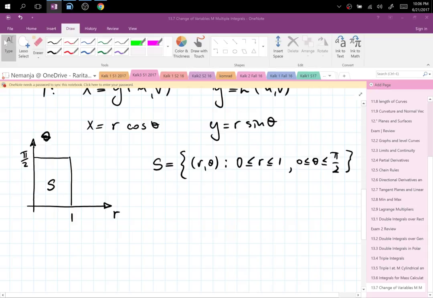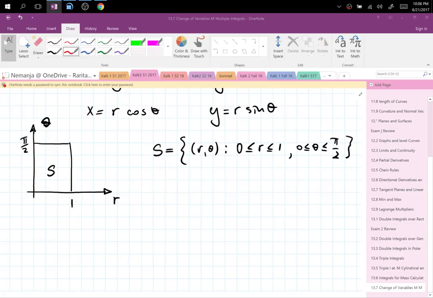But now I want to use my transformations. I'm going to use 4 colors here. I have the red one. For this particular region, note that r is between 0 and 1.